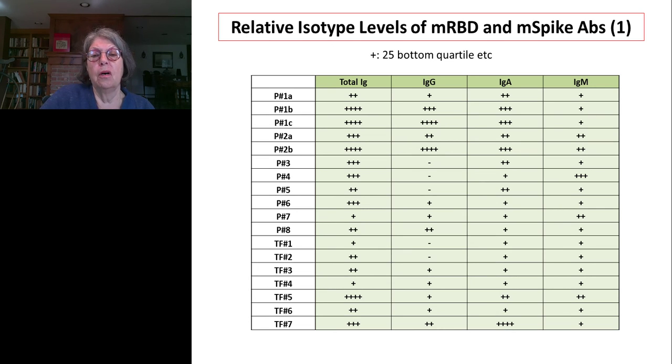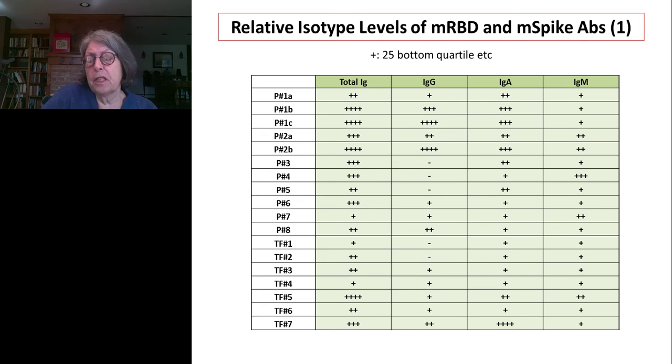If you look overall at this table, what you see is what I showed you before, that it's very clear that the strongest positives are in the IgA and IgM classes, whereas many fewer of the individuals have strong IgG responses. The patients at the top here, 1A, 1B, 1C, 2A, and 2B, who we talked about before, were acutely ill, severely ill, and they are the ones that have the highest antibody titers and levels, and that is already established in the literature.